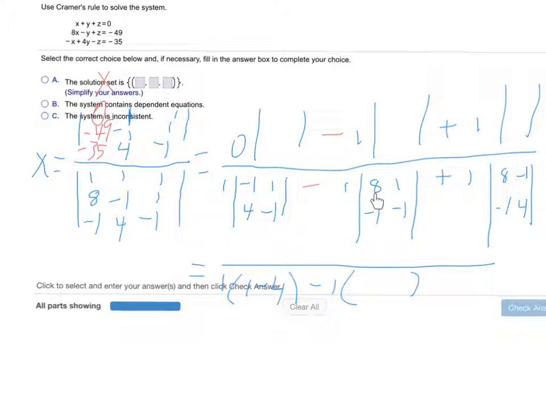This diagonal is negative 8 minus a negative 1. So negative 8 minus a negative 1. It's supposed to be minus a negative 1 here, plus 1. And this, let's see, this diagonal will be 32. The product would be 1, so it'd be 32 minus 1.